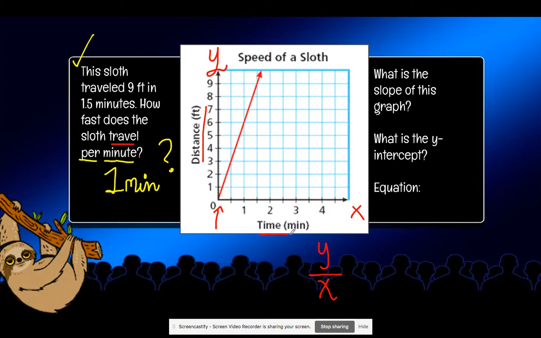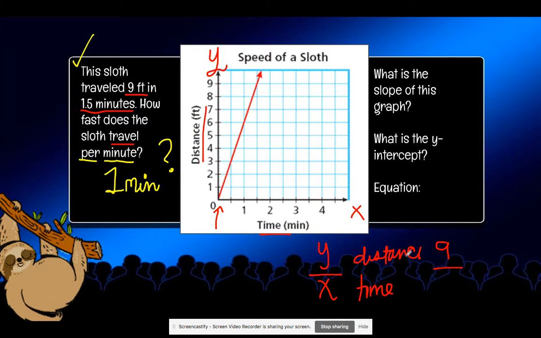See, x is time, y is distance. So if x is time and y is distance, then I can properly divide what's in my problem. So in my problem, I have a distance of 9 feet. The 9 goes at the top, whereas the time was 1.5 minutes.